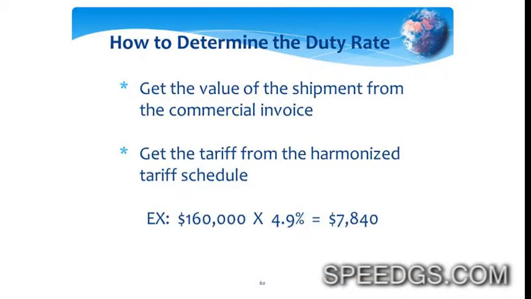Your harmonized code will give you your tariff rate, okay? Your commercial invoice will give you your value to the shipment times the tariff rate will give you your duty or taxes.